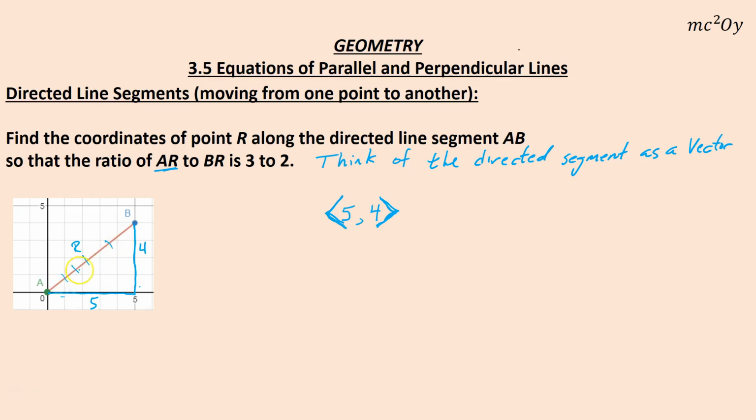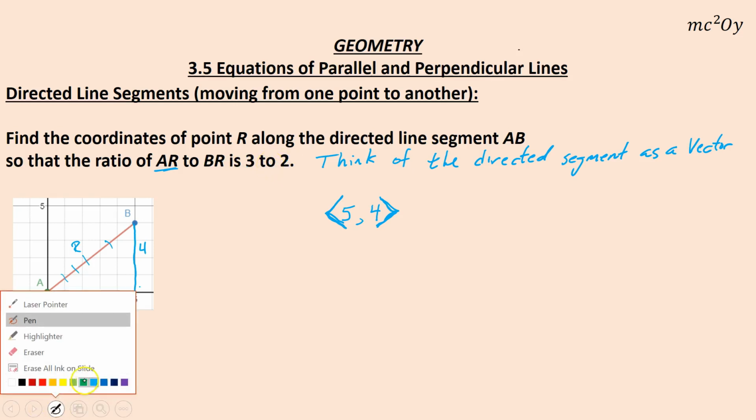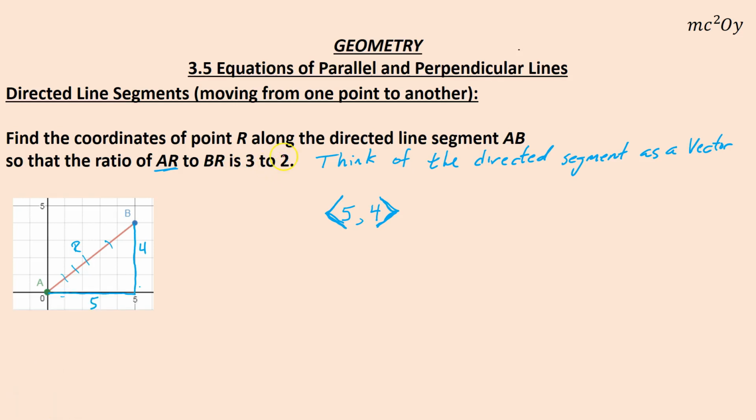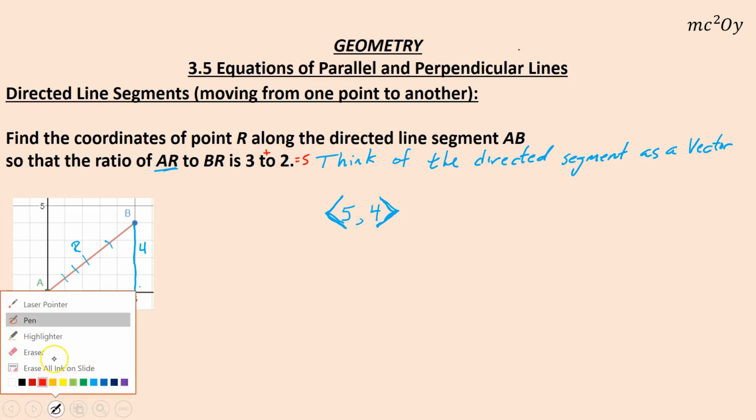Now obviously that's the wrong spot because these pieces would have to be the same. The other thing to think about is if we're going 3 to 2, that means you have a grand total of 5 pieces. You think of that as 3 plus 2, 3 plus 2 equals 5. So you're trying to figure out where to put that point R.